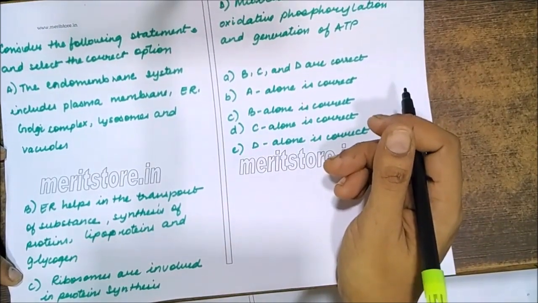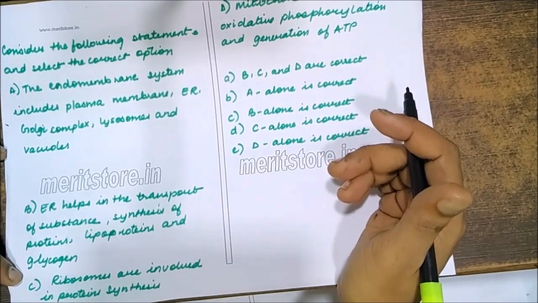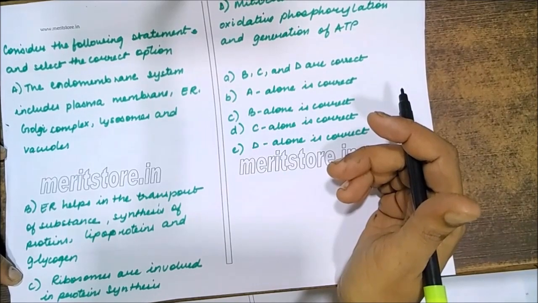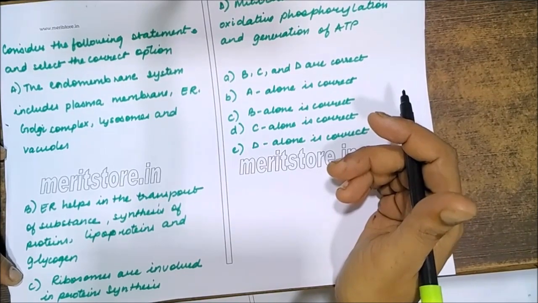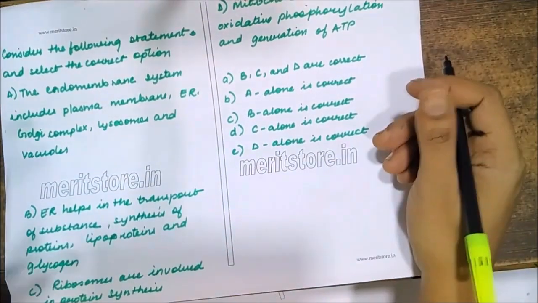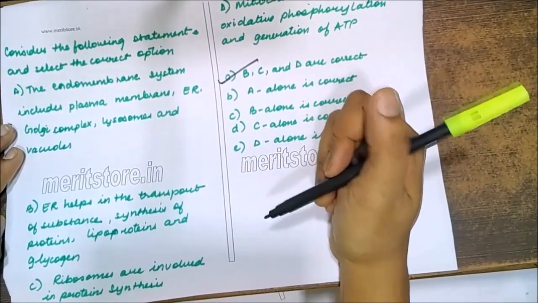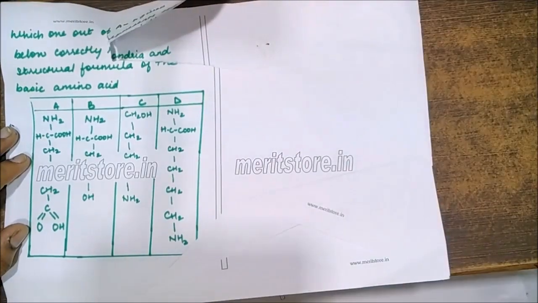Ribosomes are involved in protein synthesis. Mitochondria helps in oxidative phosphorylation and generation of ATP. So the correct option is A, B, C, and D are correct statements. Okay. Next question.